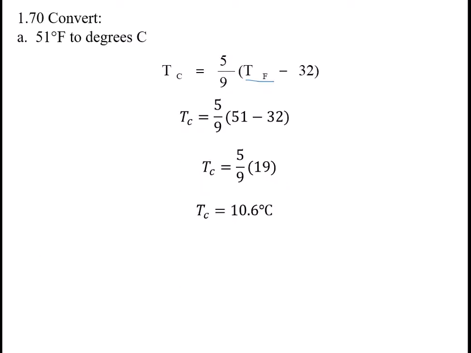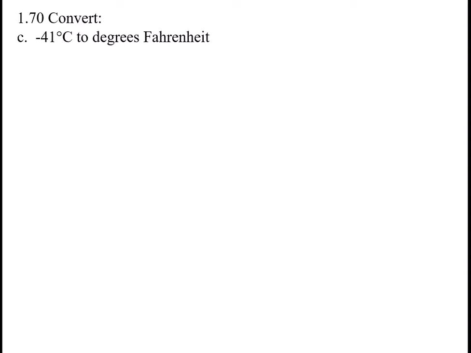Okay, that's A. C says take minus 41 degrees Celsius to degrees Fahrenheit. I'm going to again start with the given formula because that's the one that you have. But this time I'm given this one and I'm asked to solve for this one. So I need to do the rearrangement first. The same order I just did. I'm going to multiply both sides by 9/5.